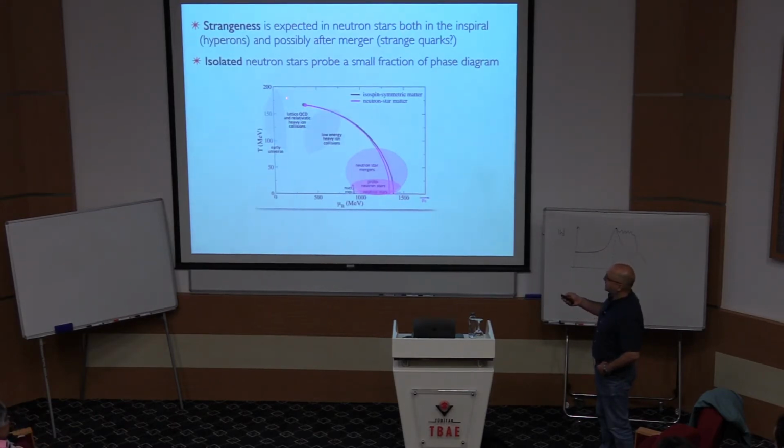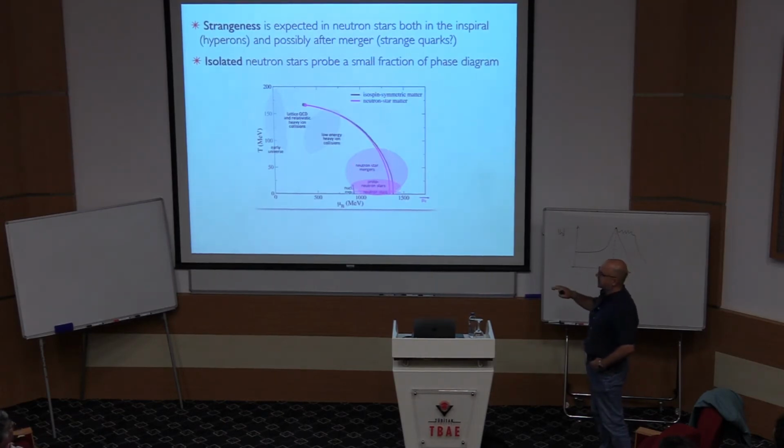And this is the region where a phase transition was expected in the past. Effectively, there is a crossover. These are the regions which can be tested either through lattice QCD calculations or low energy heavy ion collisions. And as you can see, neutron star mergers can also cover a part of this phase diagram.